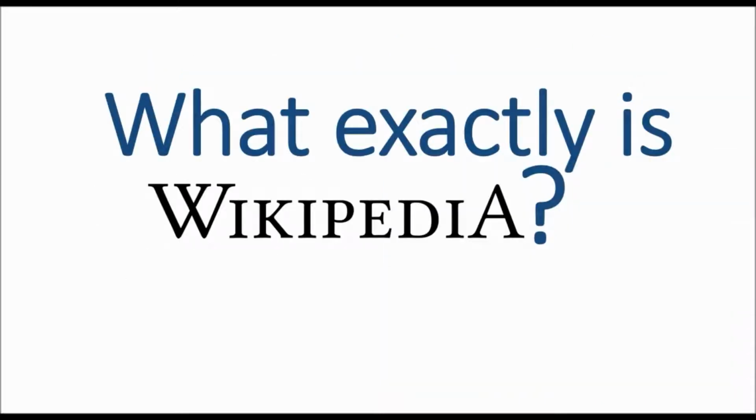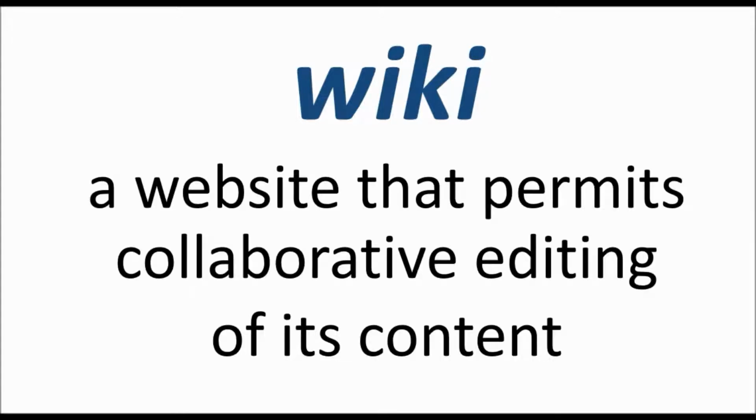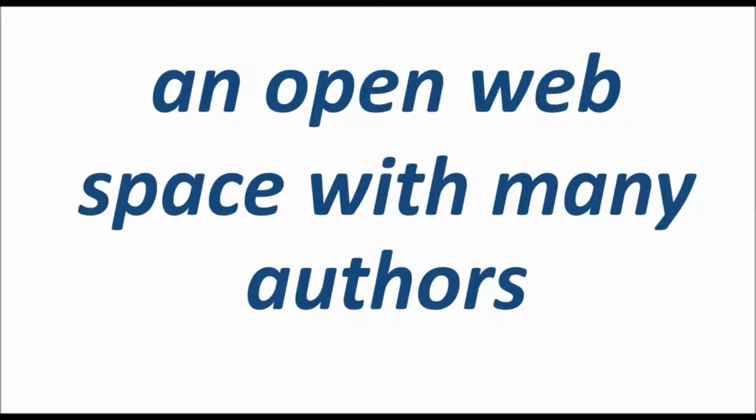But what exactly is Wikipedia? Well, if you're thinking it's a website, you're only half right. Wikipedia is in fact a wiki, which is a website that permits collaborative editing of its content. In other words, it's an open web space with many authors, where you can get information quickly like the Hawaiian root of the word suggests.